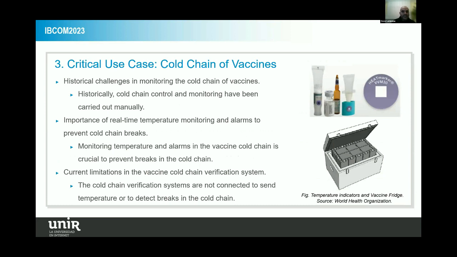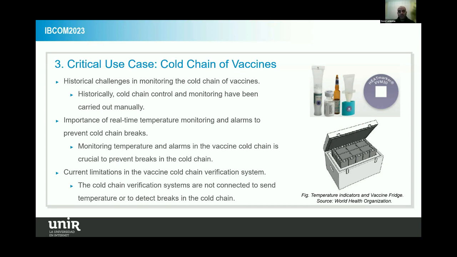Historically, the control and monitoring of the cold chain have been carried out manually, without significant change in the last 30, 40 years. Traditional methods involved using labels with chemical reagents or thermometers to record a break in the cold chain. However, the reading or verification of these records was always carried out manually.